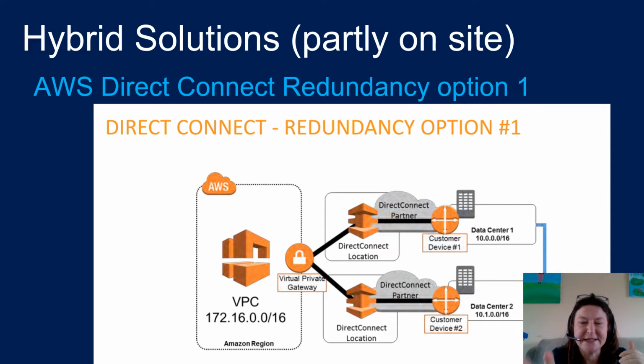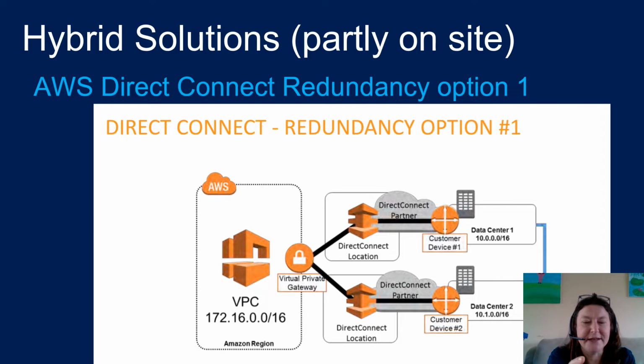The customer would have a data center connection, as we said before, a router firewall connection, but in two different places, maybe in two different data centers, and would connect via maybe a different Direct Connect partner. So you might have one connection via AWS with AT&T and another one via AWS with Comcast, for example. You might have two different ISPs just to ensure that you have complete redundancy in the whole system.